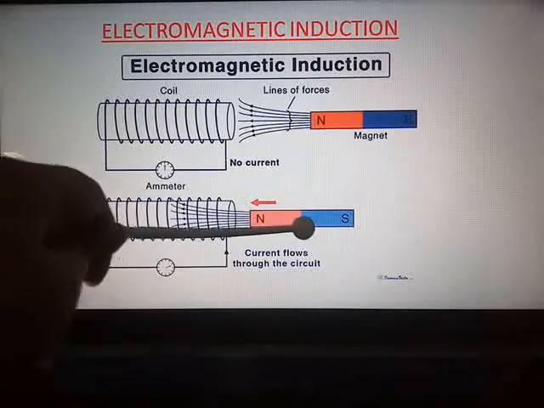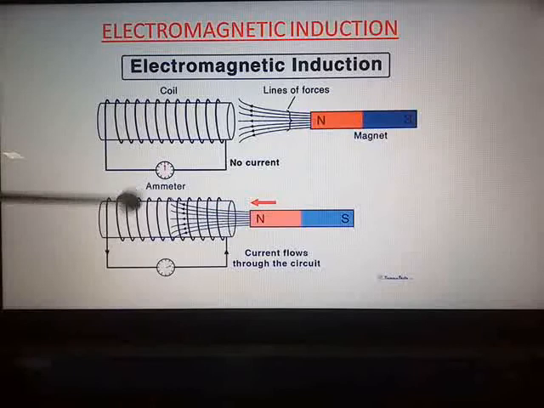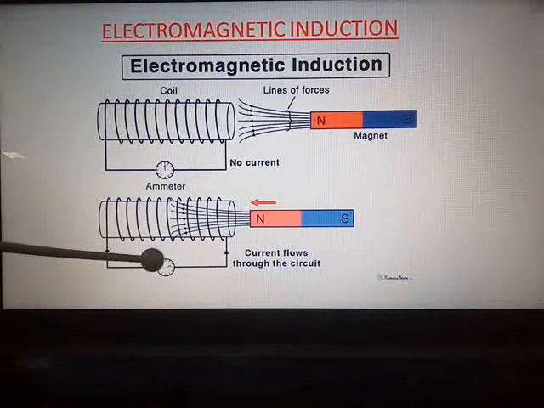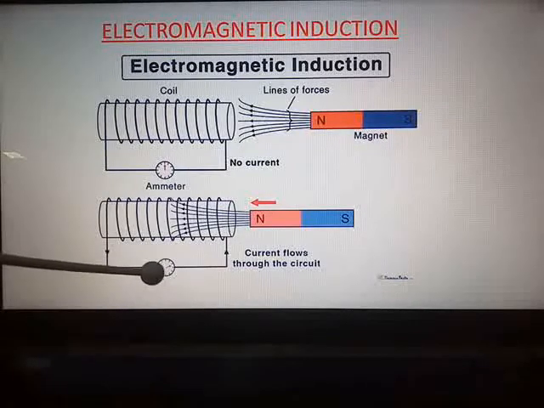Whereas when the magnet is moved towards this coil, the current flow can be immediately noticed from the movement of the pointer of the ammeter. So, in short, the process by which a changing magnetic field in a conductor induces a current in another conductor is called electromagnetic induction. This topic you are going to apply in the electric generator.